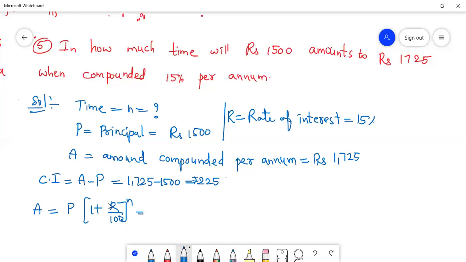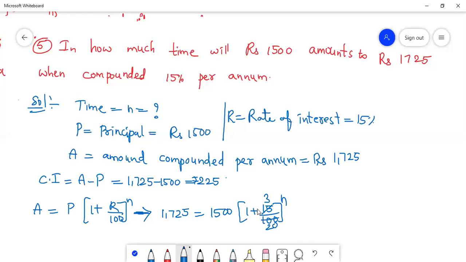Here we know the rate of interest, principal amount, and amount values. So we substitute: 1,725 is equal to 1500 into 1 plus 15 by 100 whole power n, where n is the unknown value. 5 3s are 15, 5 2s are 10.